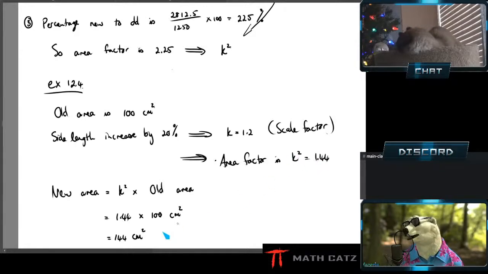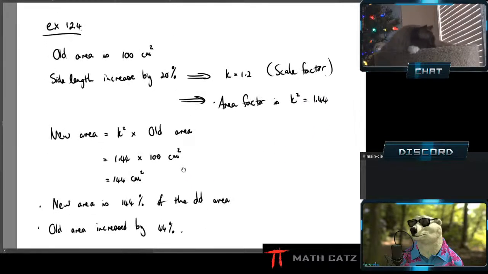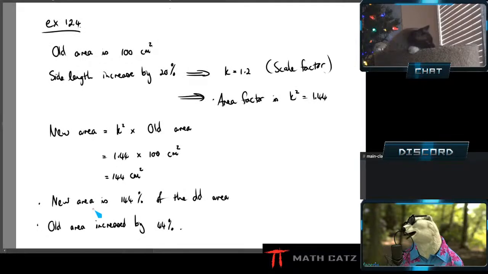That's clearly an increase of 44%. So I can say the new area is 144% of the old, or I can focus my sentence on the change only and say the old area increased by 44%.